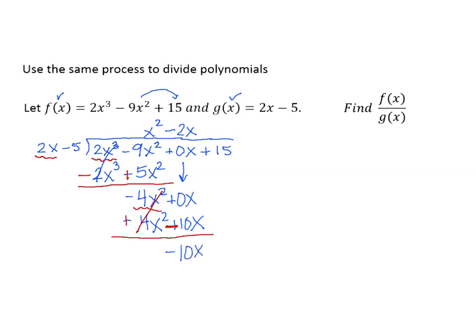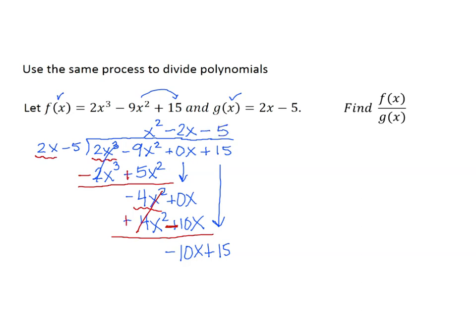We're almost there. Bring down our last term. 2x goes into negative 10x. How many times? If you're thinking negative 5, you would be right.